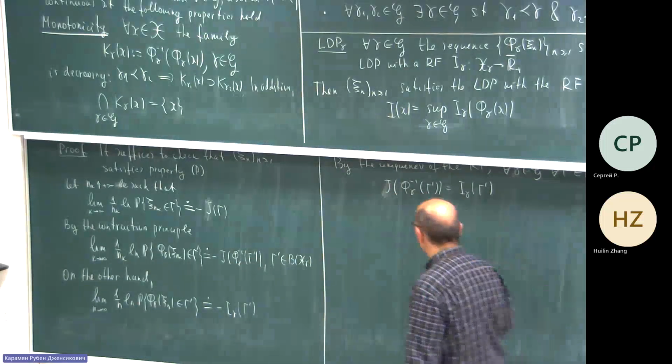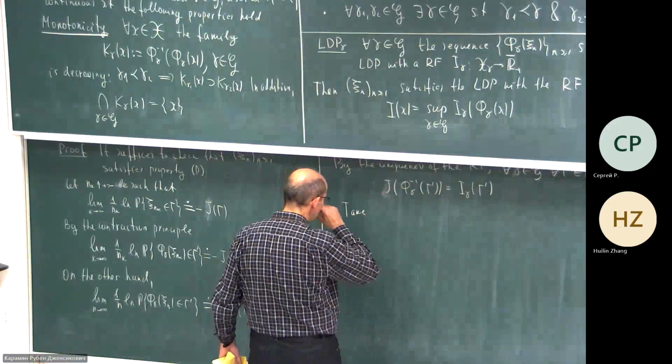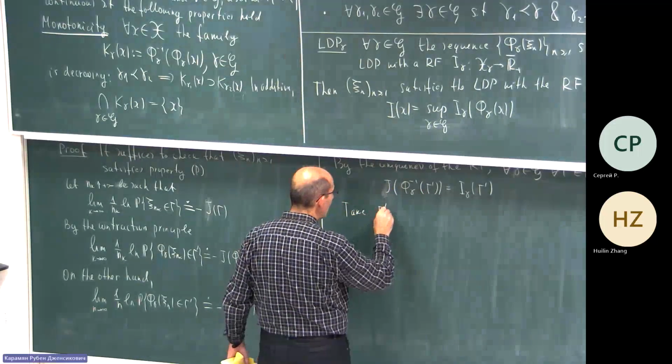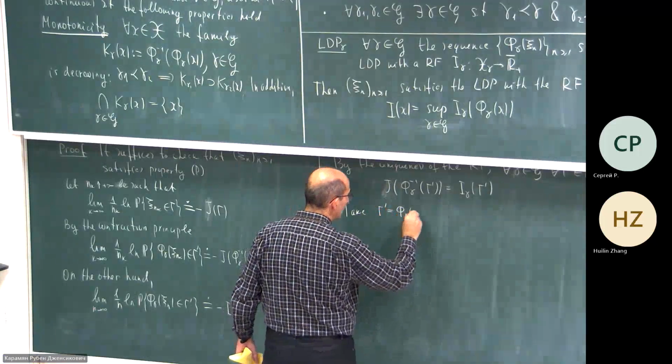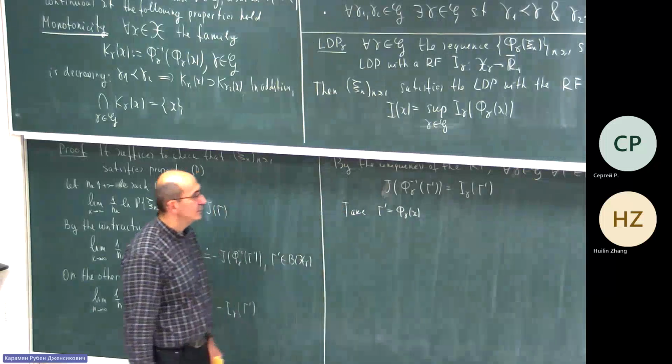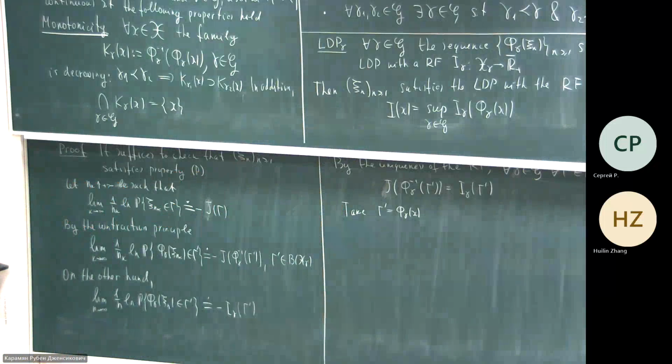So let us take here gamma prime just phi_gamma of x. Right? I have the right to take gamma prime equal to phi_gamma x, which is a closed subset.